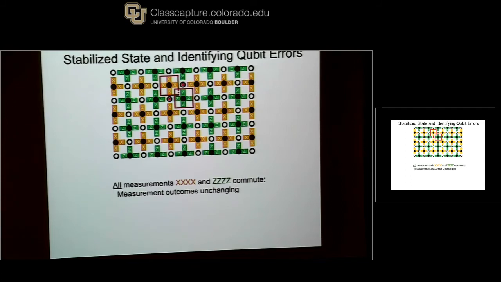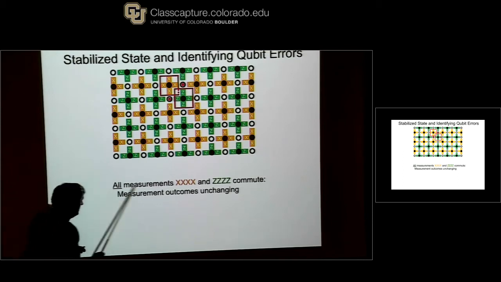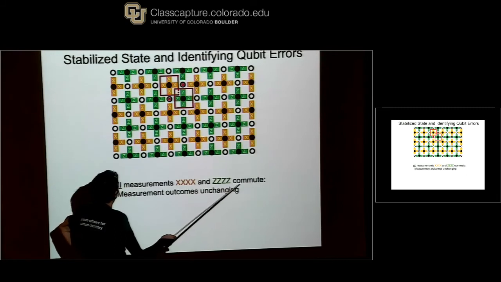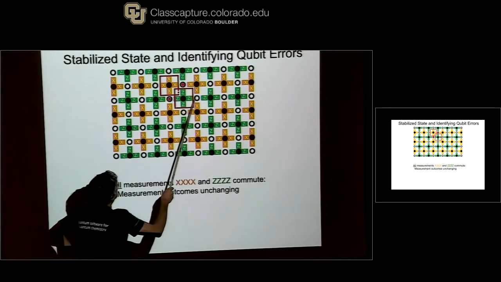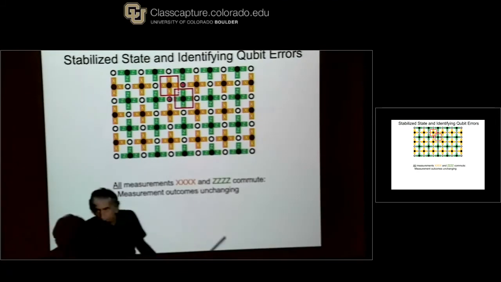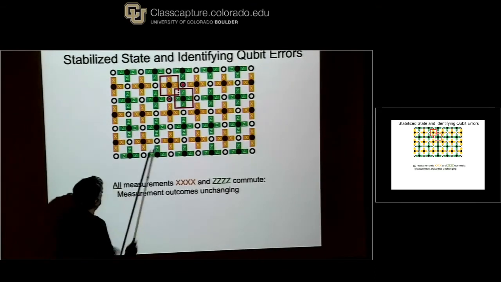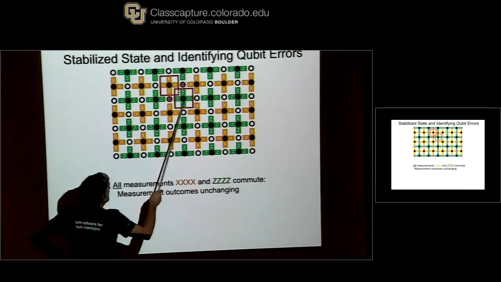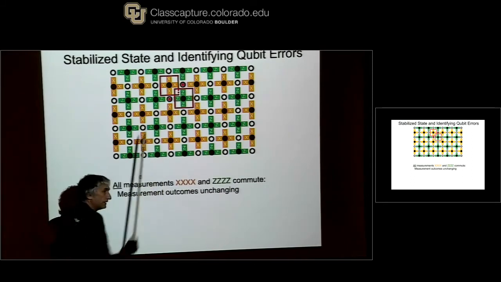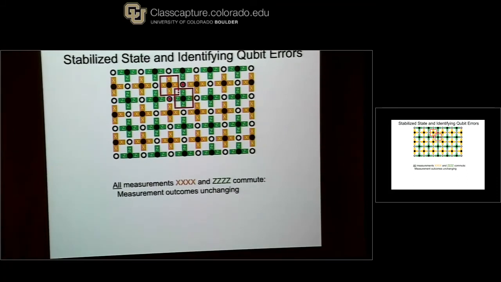The first thing to note about this construction is that these phase and bit parity operators commute. Okay? So this one here commutes with this one because they're different qubits. But it's the nearest neighbors that matter. And when you have this one here and this one here, and you do the commutation relationship, it's sharing 2 qubits. And we already showed that X1, X2 and Z1, Z2 commute.